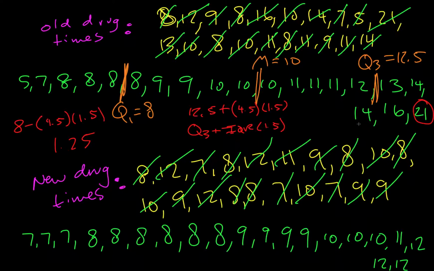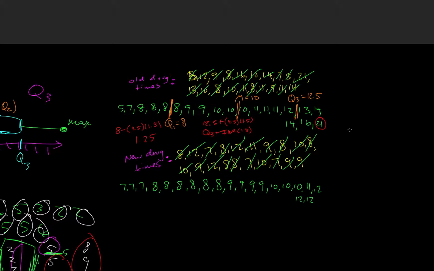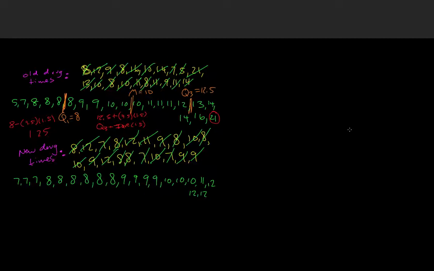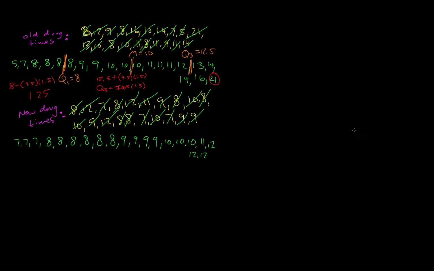Okay, so zoom out. If I was going to do a box and whisker for this, I would do 21 as an outlier. Now, they didn't do that, so my plot's going to look a little bit different than the one in the book, but that's fine.